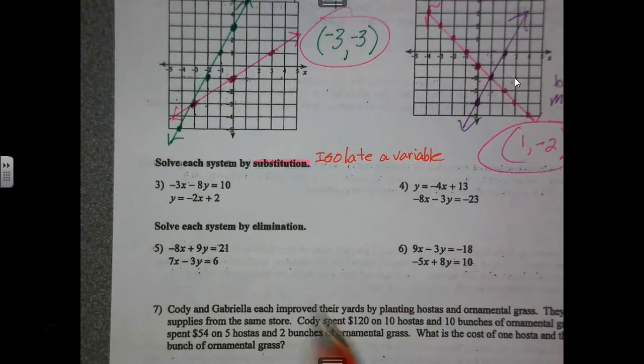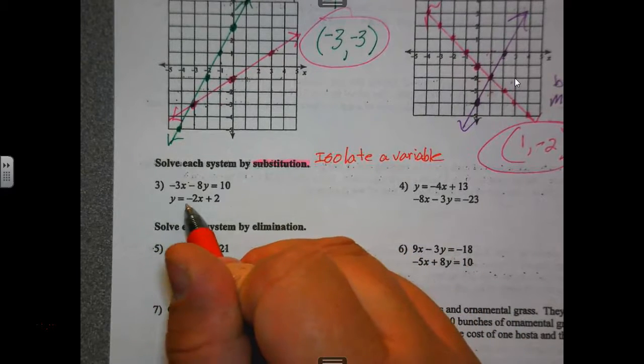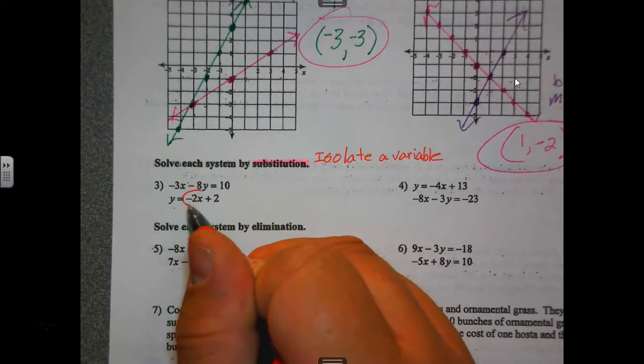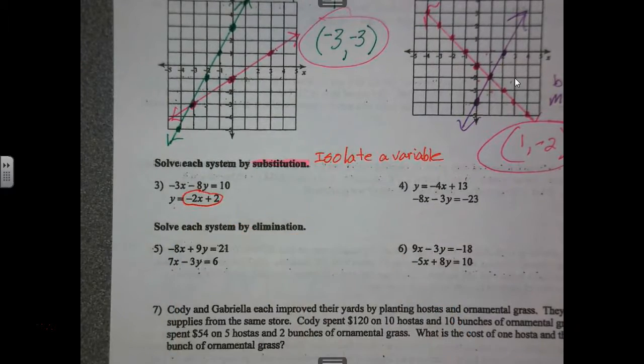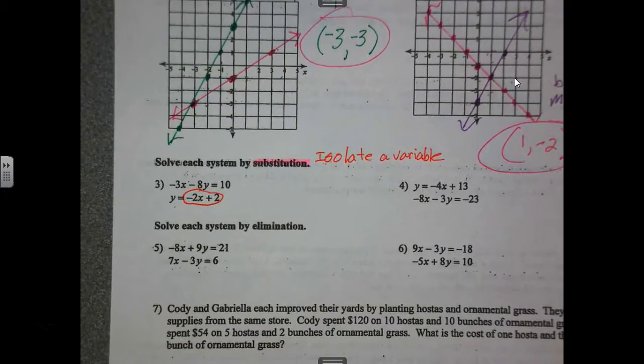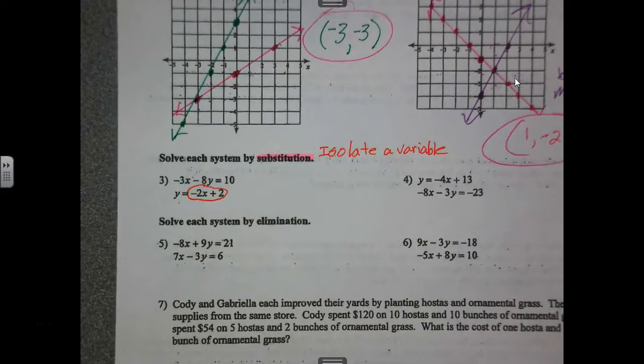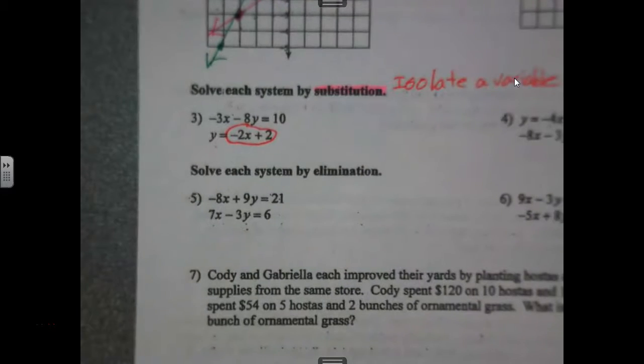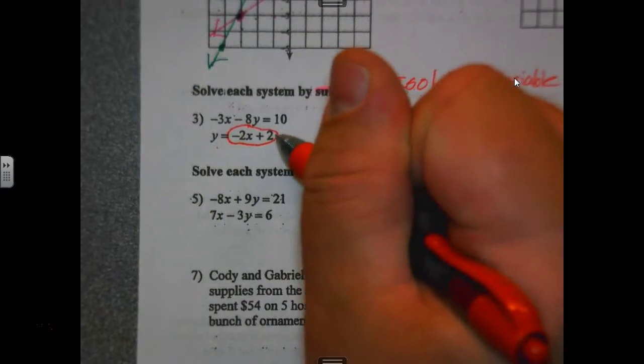They're kind of nice here, where they've got y already solved for. Y equals -2x plus 2. So I'm just going to substitute it in the other equation where the y is.